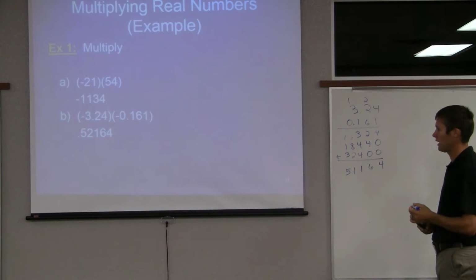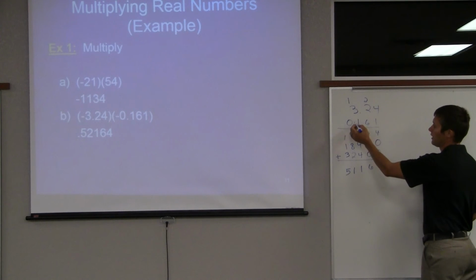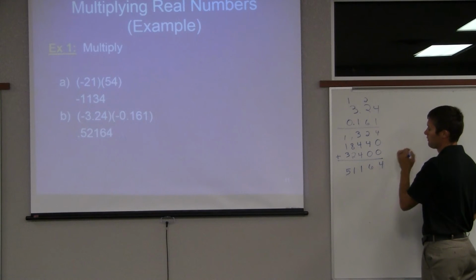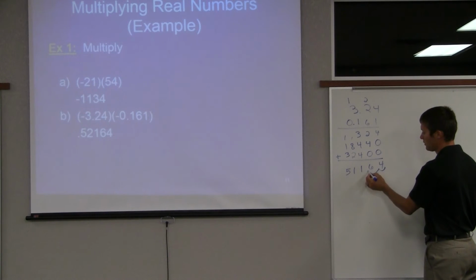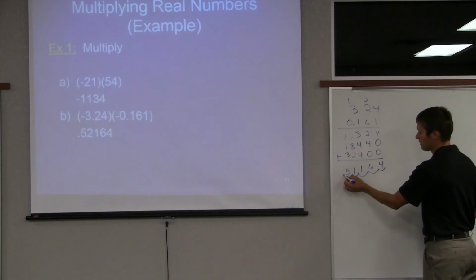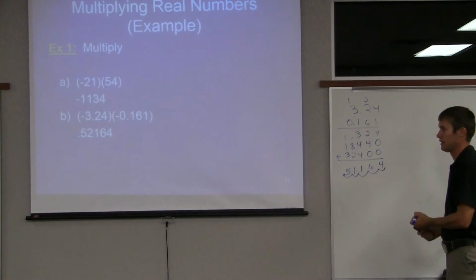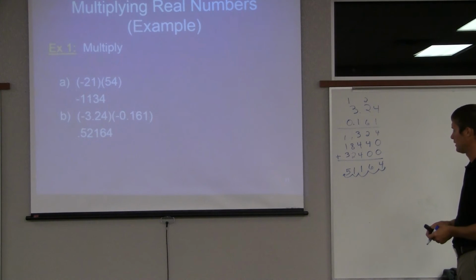Now the last thing we have to do is, we have 3 decimal places in here. So we check 1, 2, 3, 4, 5, so we have to move it 1, 2, 3, 4, 5. Okay, and there we go from there.